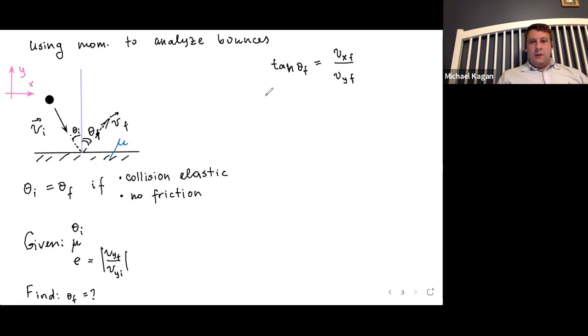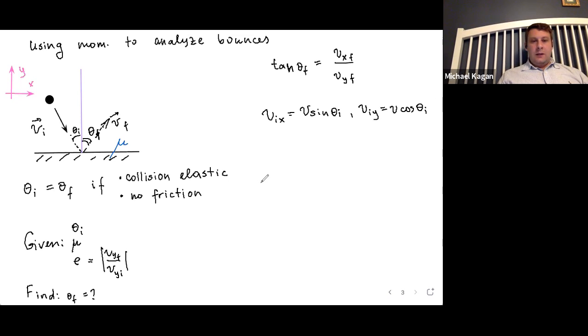Let's say V initial's speed is just V. Then we can write that V initial x equals V sine theta initial. See, this angle is not measured with respect to the x-axis, it's measured with respect to the normal. And V initial y is V cosine theta initial.